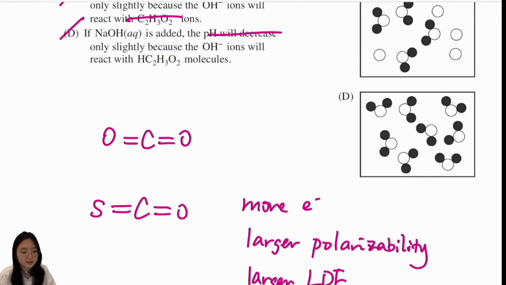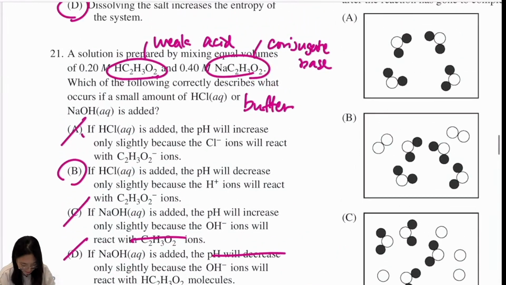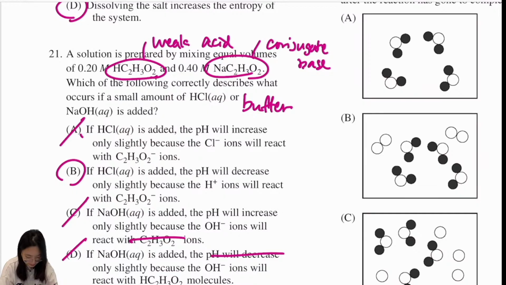The conjugate base has the higher molarity, therefore there's still more left and reactive. Okay, wait. We have more conjugate base, yes, because it's equal volumes, but the concentration of the conjugate base is higher.